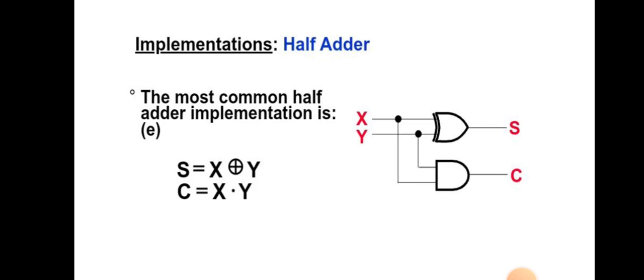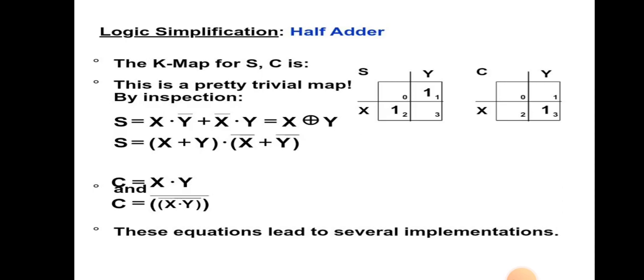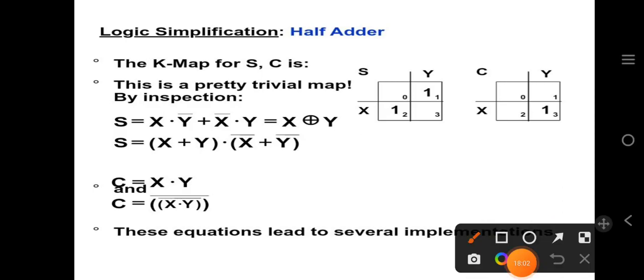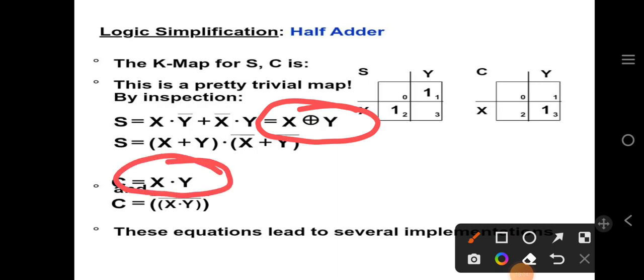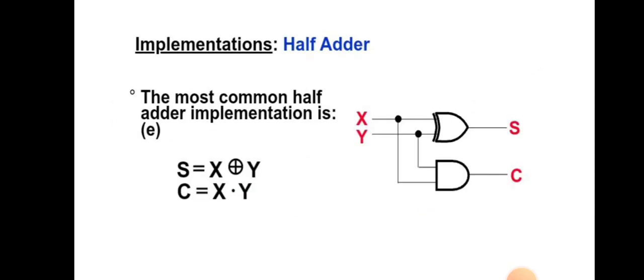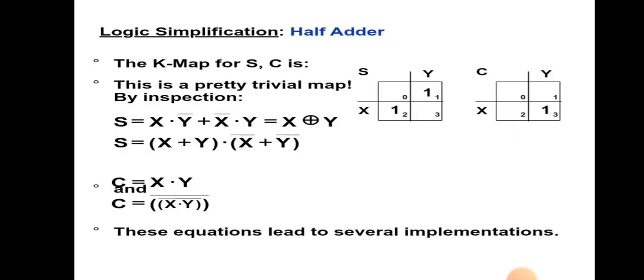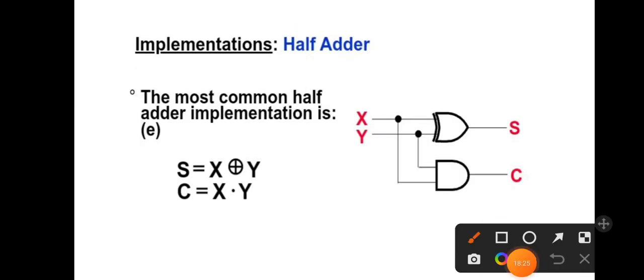Now as we know, in the previous slide we got two equations. First for sum, this is the main equation, and for the carry, this is the main equation. Now these two equations we will use to draw the circuit diagram. So this is the circuit diagram, logic diagram, or you can say the implementation of half adder. What is the equation for sum? It is x XOR y and carry x dot y.